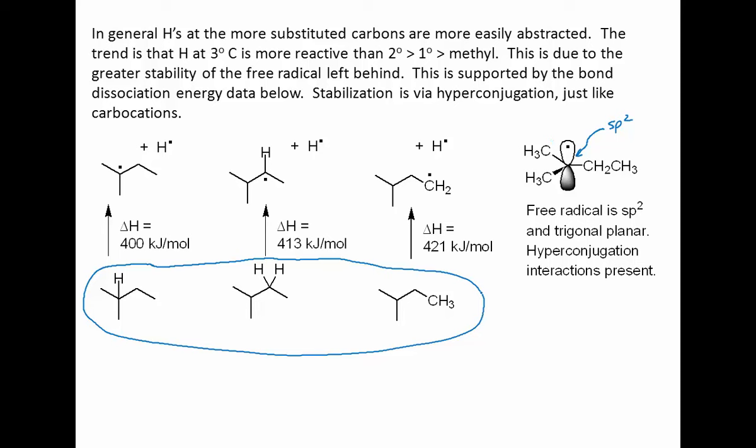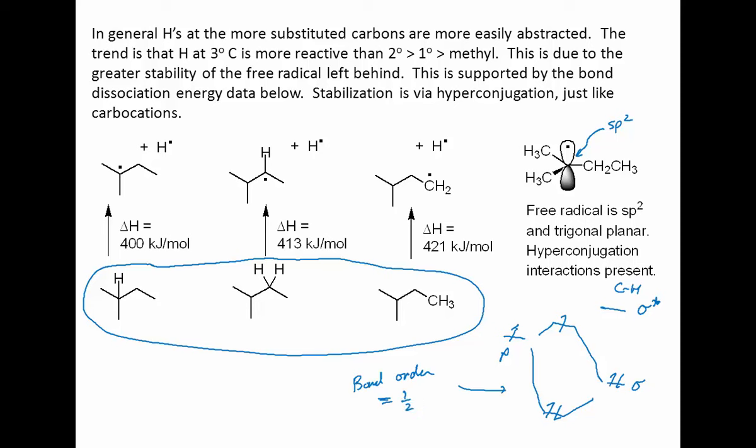I'll just draw an MO diagram here to illustrate this. So what we're looking at here is the electron in the p orbital, and we have sigma and sigma star for the CH bond like we had before, and we have a weaker interaction than we would if it was a carbocation, because if we look at this MO diagram, the bond order equals 1/2.